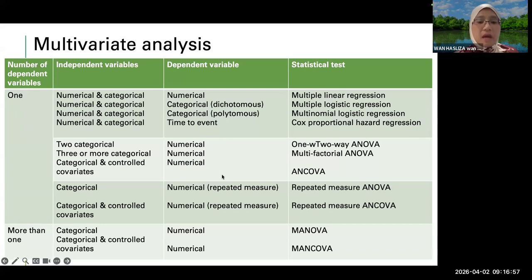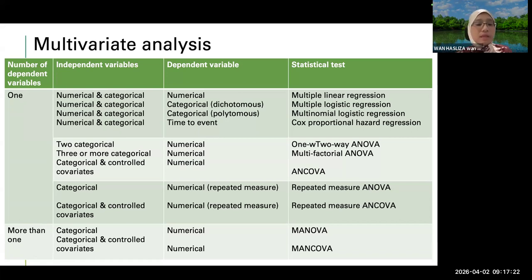Now, I have more than one dependent variable. For example, I want to look at the blood pressure as my outcome, and another one, I want to look at the heart rate. So you measure more outcomes, and your dependent now becomes two.